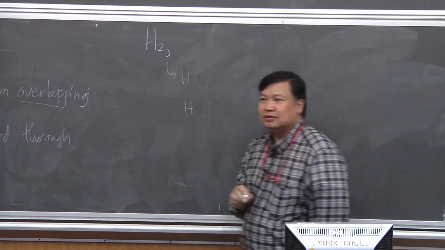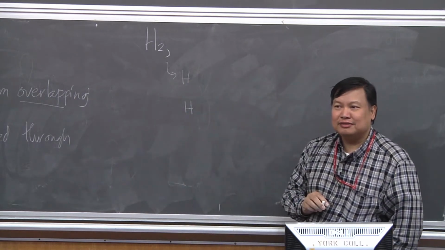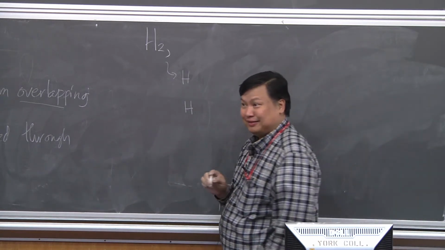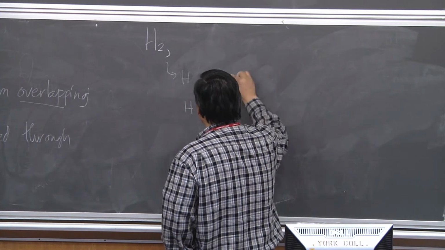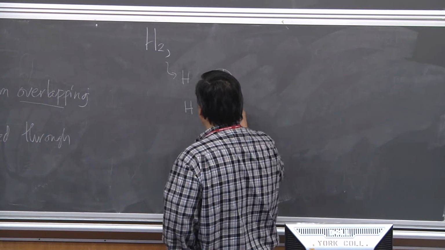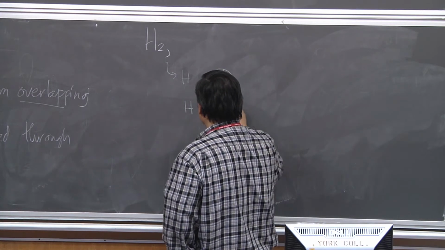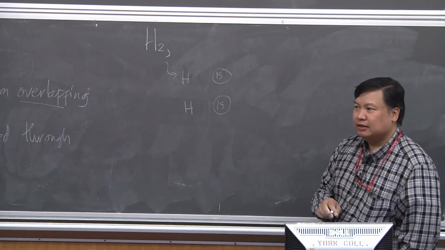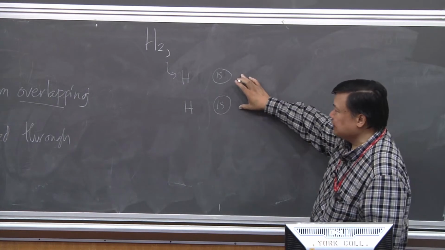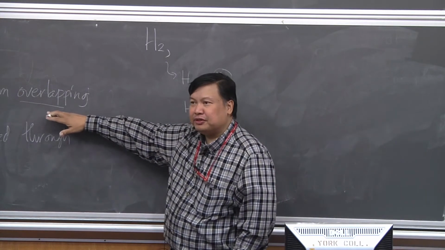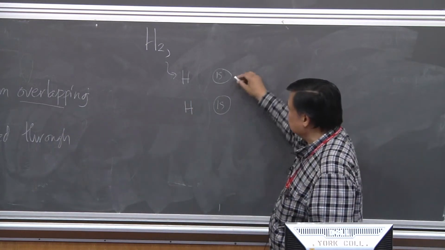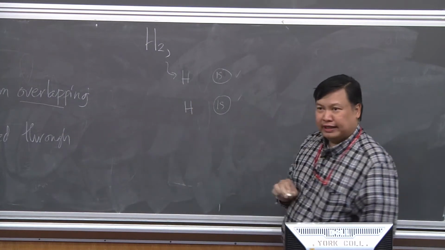Which orbital of hydrogen? The 1s1. So the two overlapping orbitals are the 1s of this hydrogen and the 1s of this one. Those are the first part of the premise: there are overlapping orbitals. For H2, those are these two 1s's.